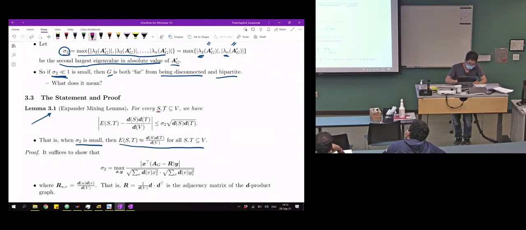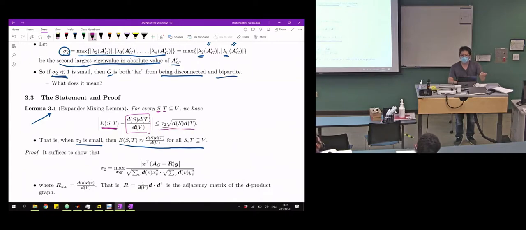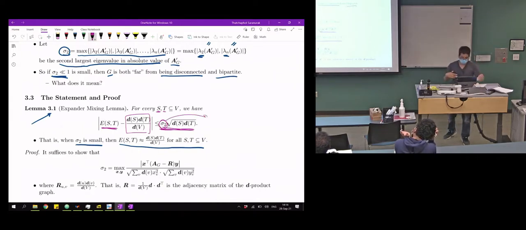So the lemma says that for every S and T, sets of nodes, the number of edges between the 2 sets is basically close to the thing that you expect, but within this error term. If you think of sigma 2 as something small, you will see later that it can be much smaller than a constant.